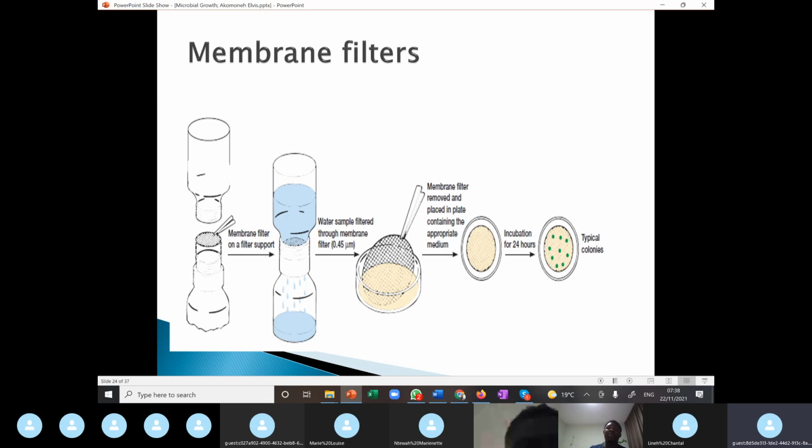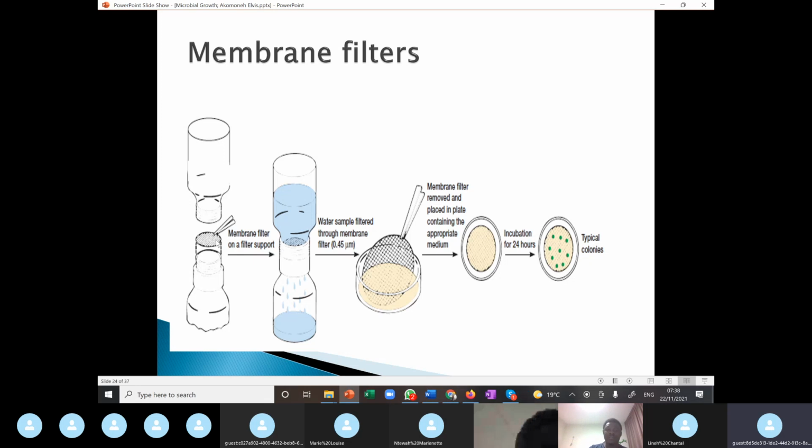So what microbiologists simply do is they filter that sample. They'll filter that 50 liters through a membrane that is capable of trapping bacteria, with pores small enough to trap bacteria. The pore size of the membrane is usually 0.45 micrometer. With this size, you are capable of trapping even the smallest bacteria.